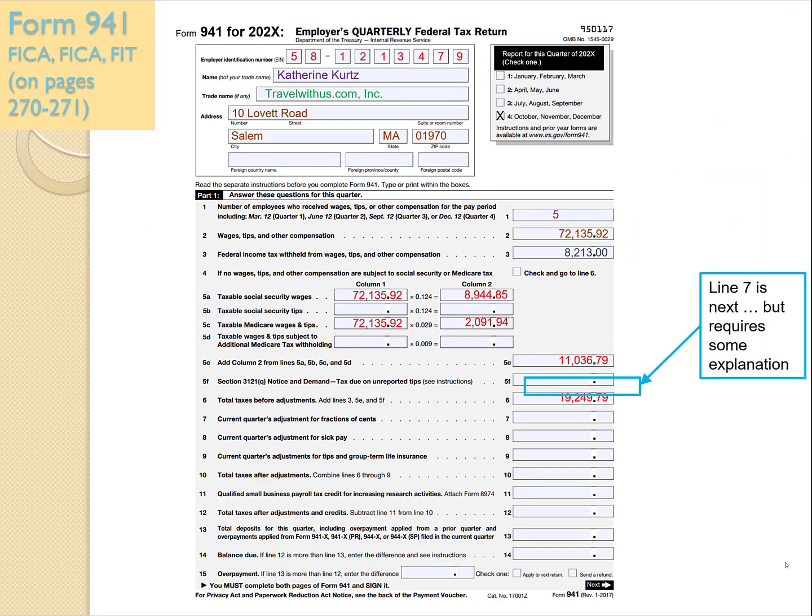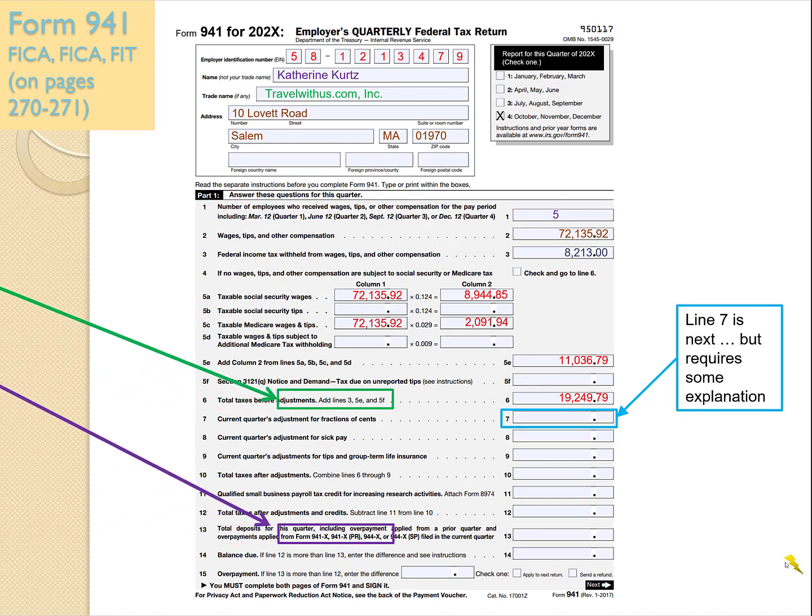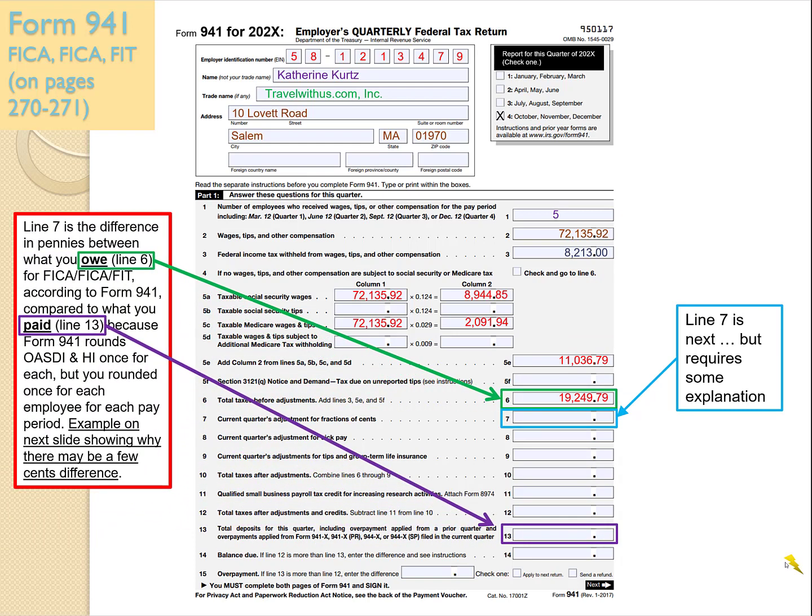Line 7 is next, but this requires some explanation. Line 7 is the difference in pennies between what you owe for FICA FIT, which is line 6, according to the Form 941, compared to what you paid, which is line 13.